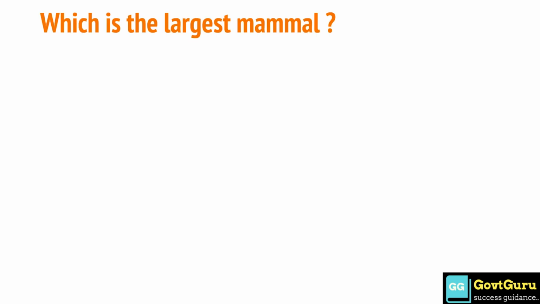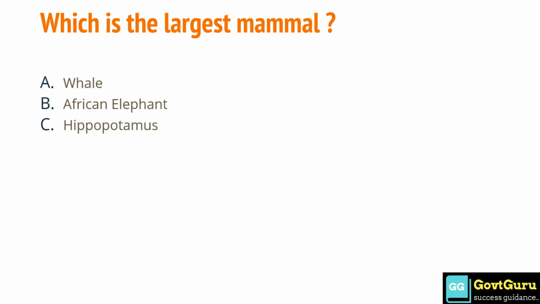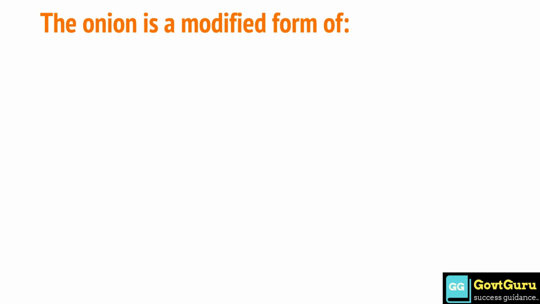Which is the largest mammal? Option A whale, option B African elephant, option C hippopotamus, option D polar bear. So the correct answer is option A whale. The next question is the onion is a modified form of option A stem, option B root, option C leaf, option D fruit.